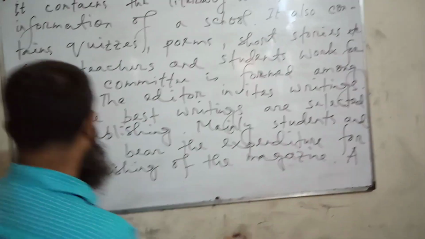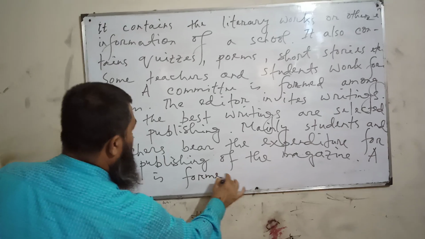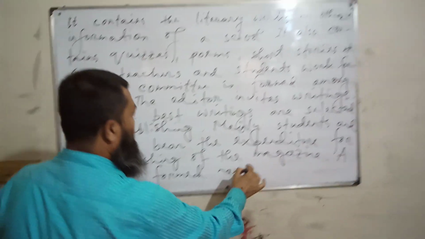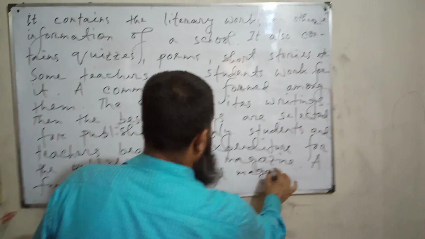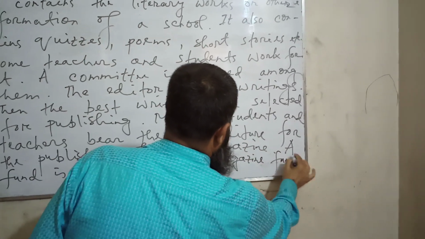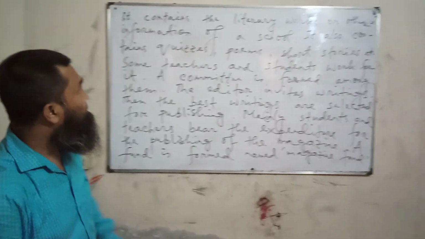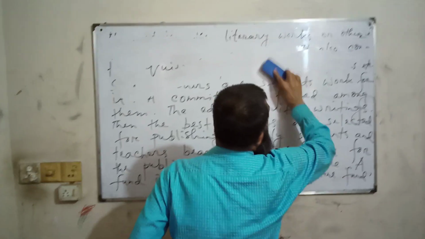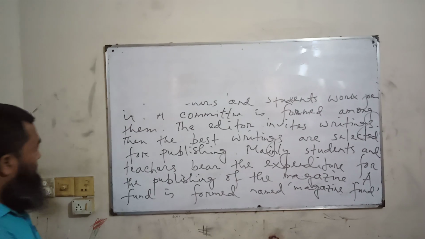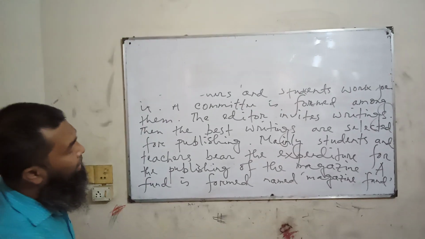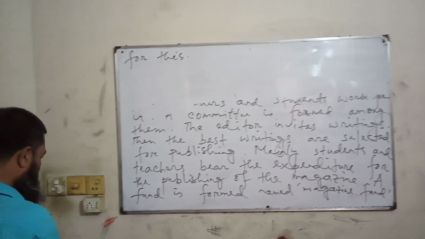So here you can write: a fund is formed, named magazine fund, for this. So in this way you will write the paragraph.